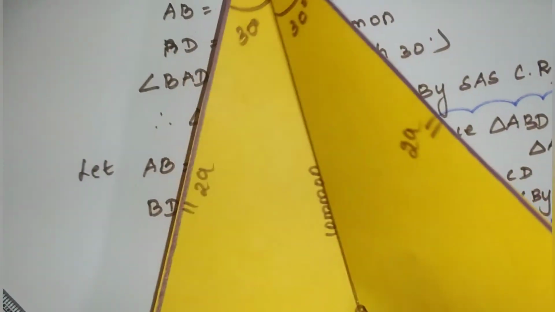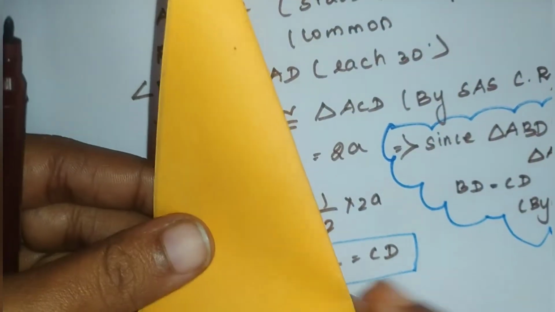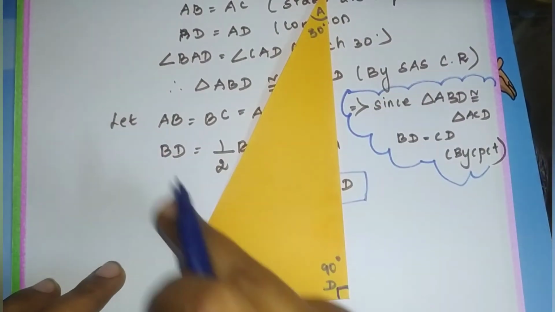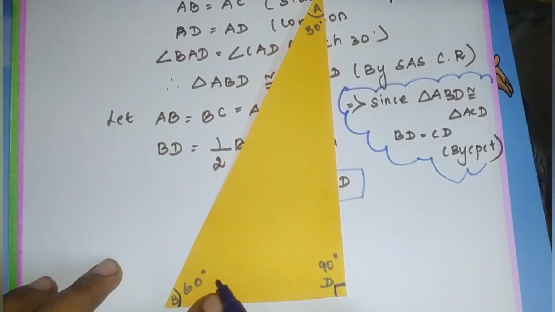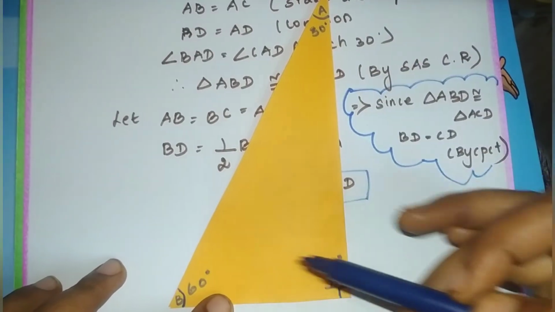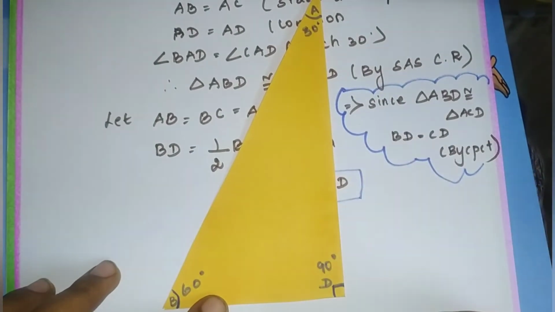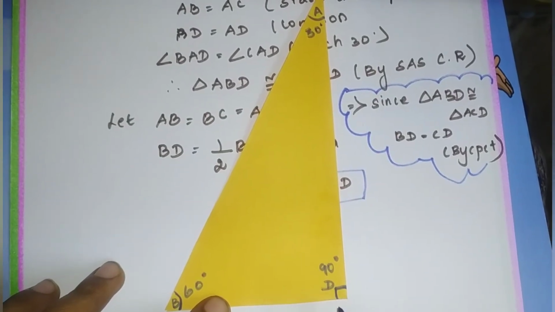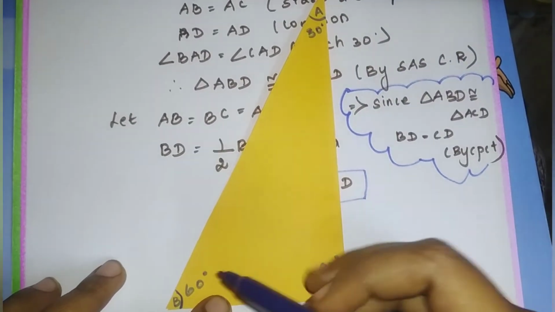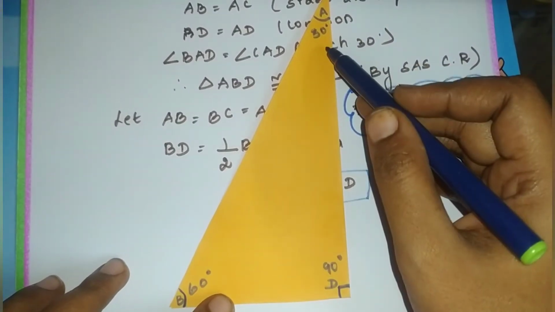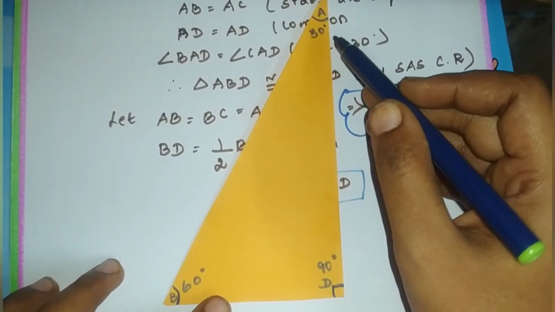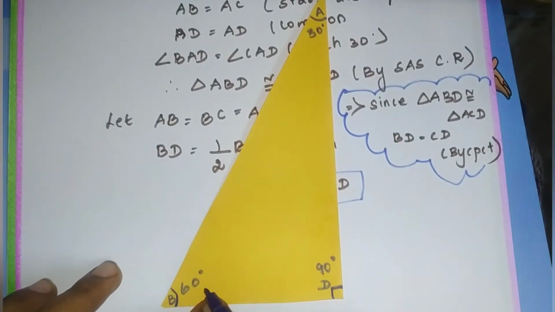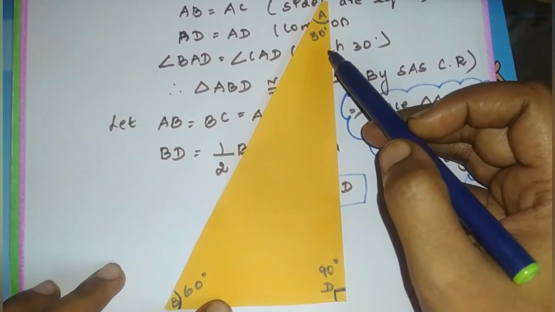I am going to take the half portion. Now observe this triangle ABD. This is a right triangle, right angled at D, with the angle BAD is 30 degree and angle ABD is equal to 60 degree. This is 60 degree and this one is 90 degree and this one is 30 degree.